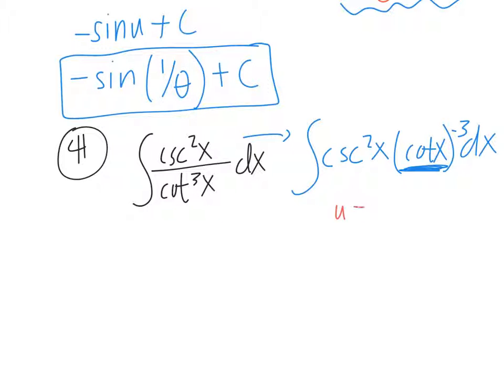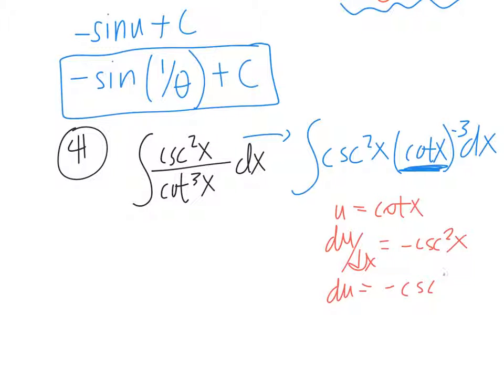So if I make cotangent be my u, then du dx is negative cosecant squared x. And again, kind of like last time, it looks like I'm just missing a negative sign, so I'm going to put a negative in front, there and there. And now let's substitute. So I have negative integral of u to the negative 3 du.